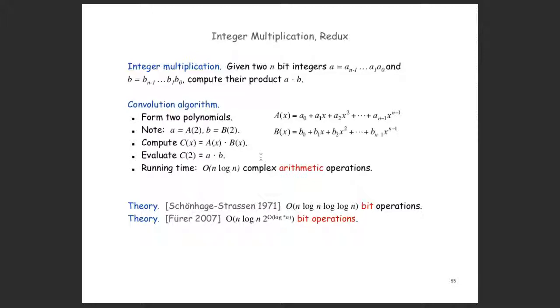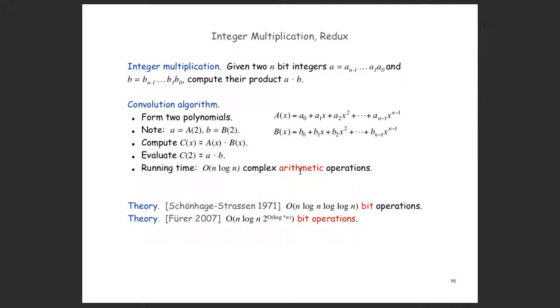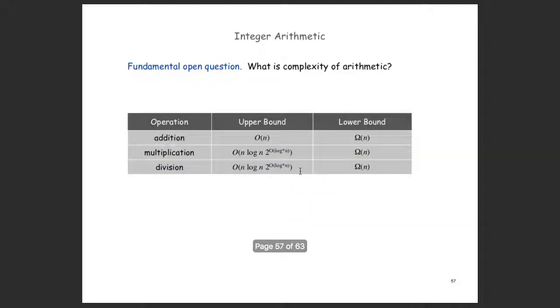So we can get slightly better than what we had: order of n log n log log n operations. Our lower bound is always going to be omega of n, and maybe people will be coming up with new algorithms to get it slightly closer to omega of n.